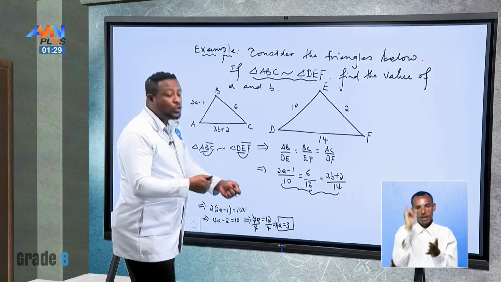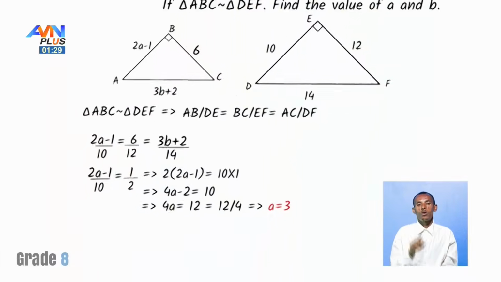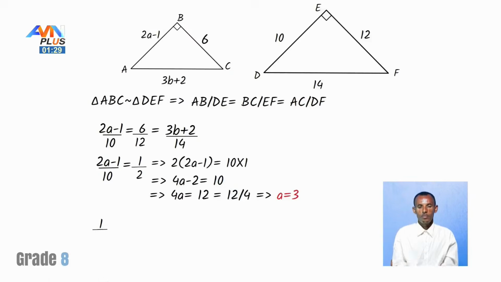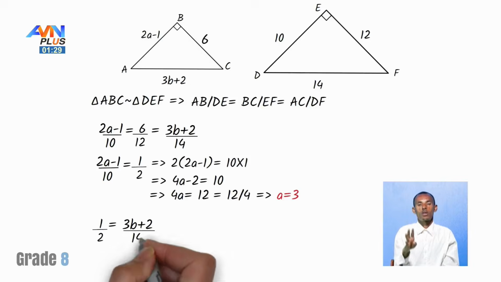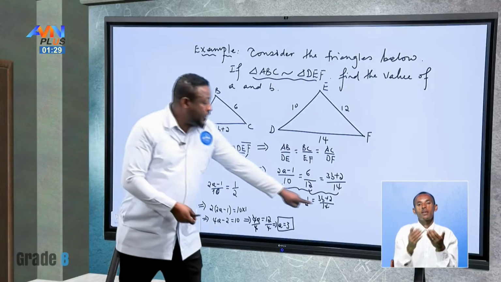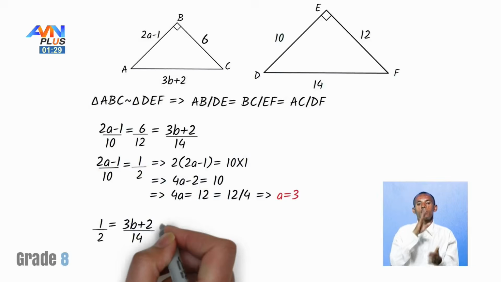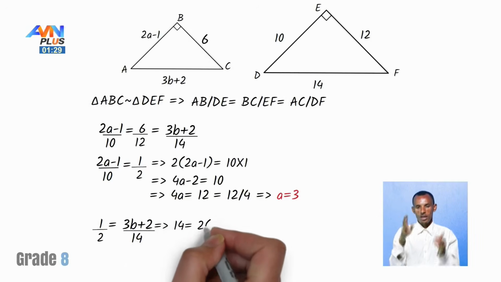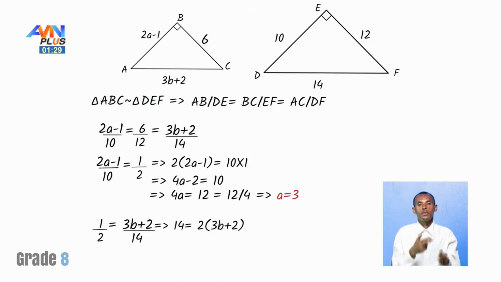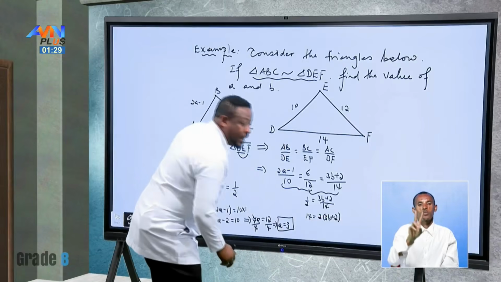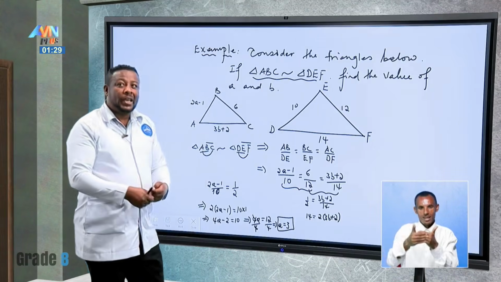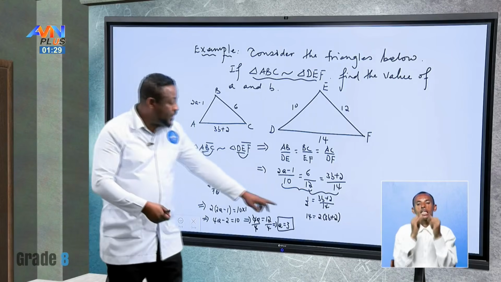Take 1/2, then 1/2 is equal to (3B + 2)/14. Now this makes things easier. And crisscross it, this becomes 14 is equal to 2 times (3B + 2), right? Then the next step is distributing this number.